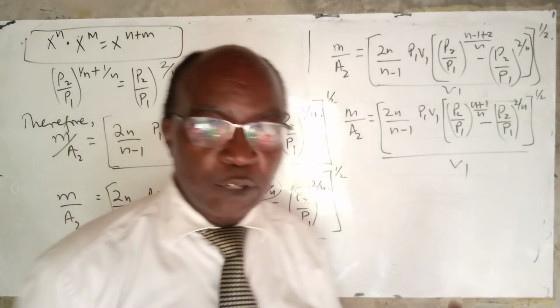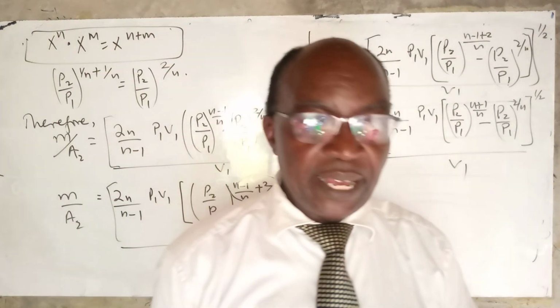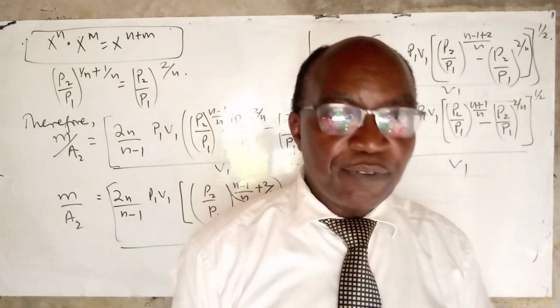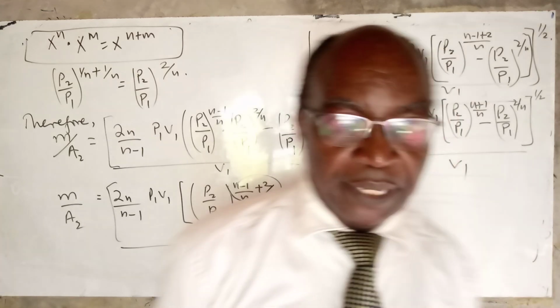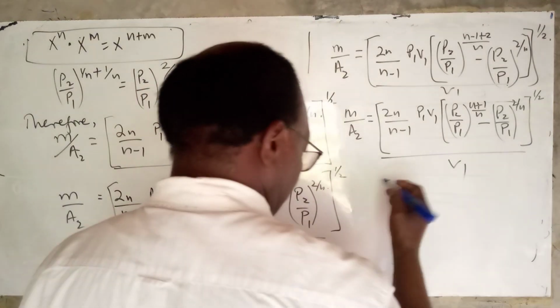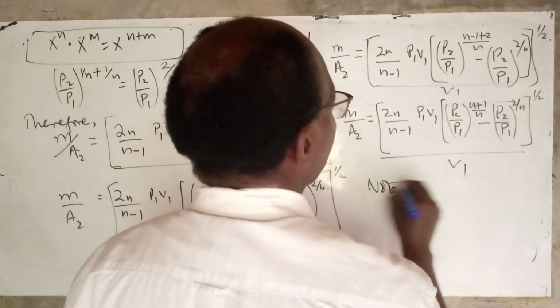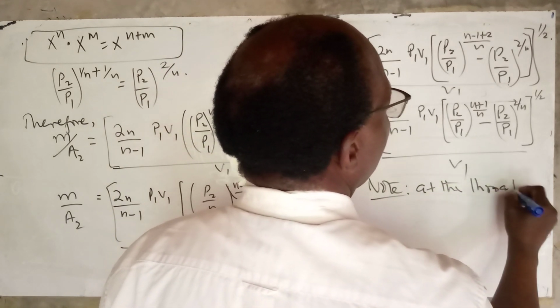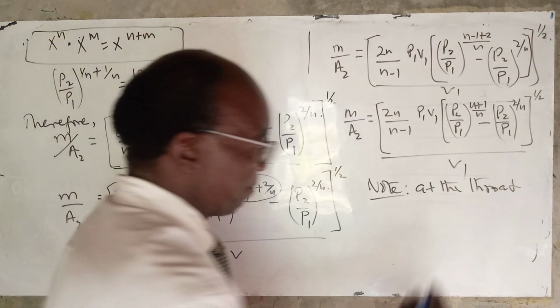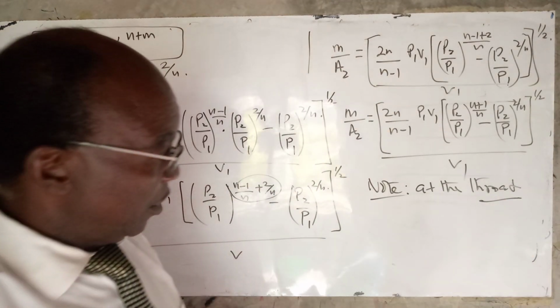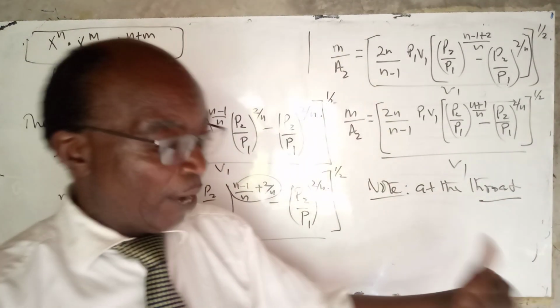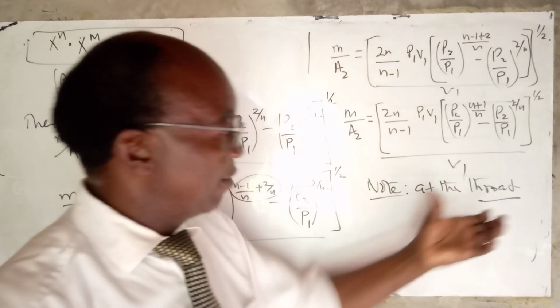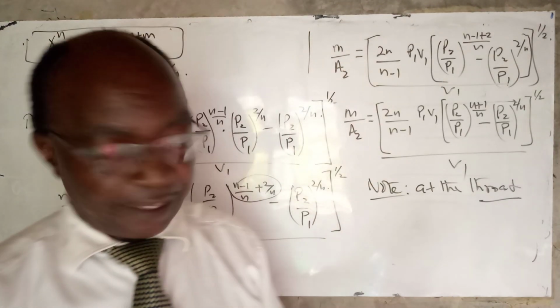And this is a very important quantity because remember, at the throat, the mass flow rate is maximum. Note, at the throat, if you have not followed this, we have done it in one or two of the previous lectures where we have drawn even the schematic of the throat.